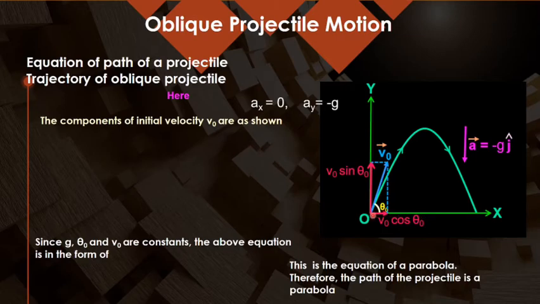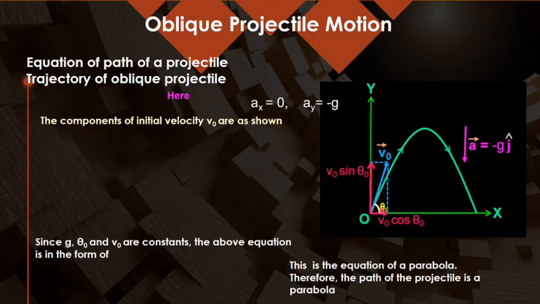Then if I want to resolve v naught into components, because theta is here, along this side you will get the cos component, and perpendicular to it you will get the sine component. So the horizontal component, vx, equals v naught cos theta naught. If I have taken the angle as theta naught, and if you take simply theta, you can simply write v naught cos theta. Similarly, the vertical component of velocity equals v naught sine theta naught. This is vy, this is vx.